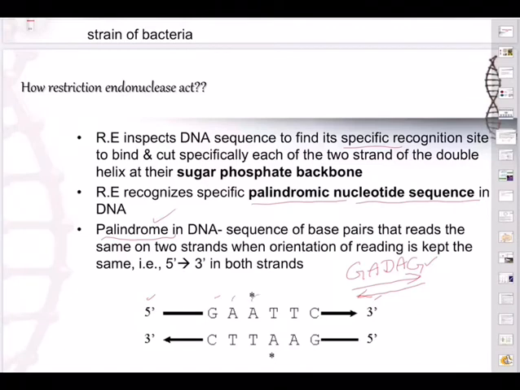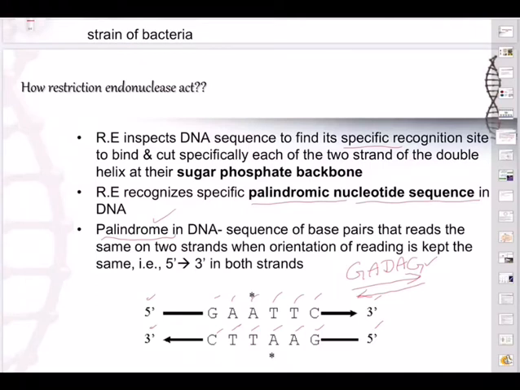G, A, T, T, C, right? And you read this from the 5' end to 3'. Always reading is 5' to 3'. When you read in the other direction, it is G, there also G, A, T, T, C. So when you read from both ends, the sequence is the same.